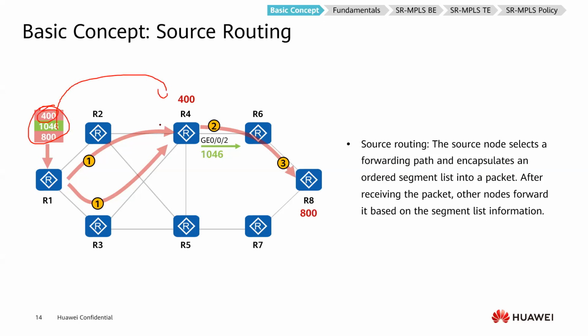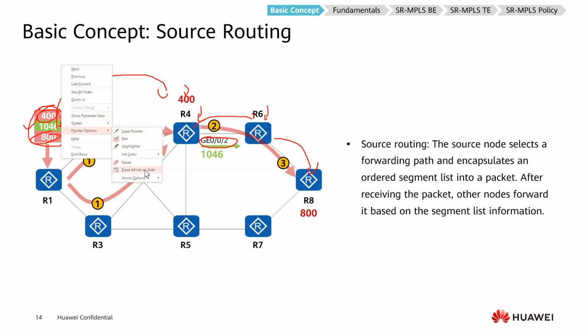With 400, R4 is sending to itself, and it will remove the outer MPLS label and read the inner second label, which says I want to go 1046. R4 knows 1046 means this interface, and sends to R6, and R6 reads that the destination segment is 800, so it will send to 800. This is source routing, right? At the very beginning, at the source, I already know how to do the routing.